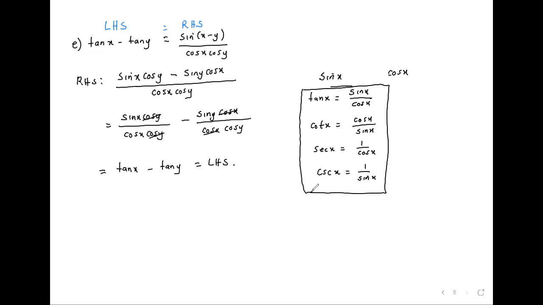Sine and cosec are related in this manner. Like sine squared x plus cos squared x is equal to 1. From this identity here, so many of them will come out. I demonstrate for you from that very identity. Sine squared x plus cos squared x is equal to 1. Identity number 1.